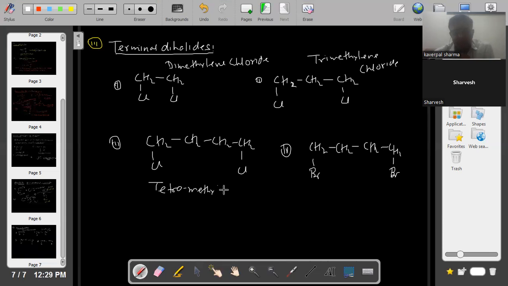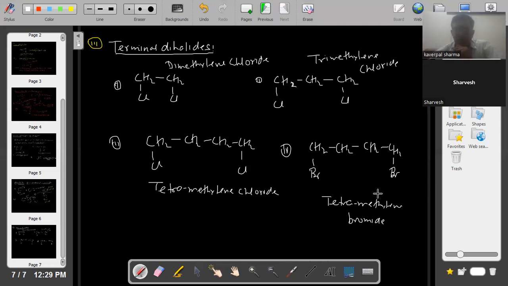Methylene, not methyl. Here also tetramethylene bromide. Now you can identify effectively what kind of compounds are present here.